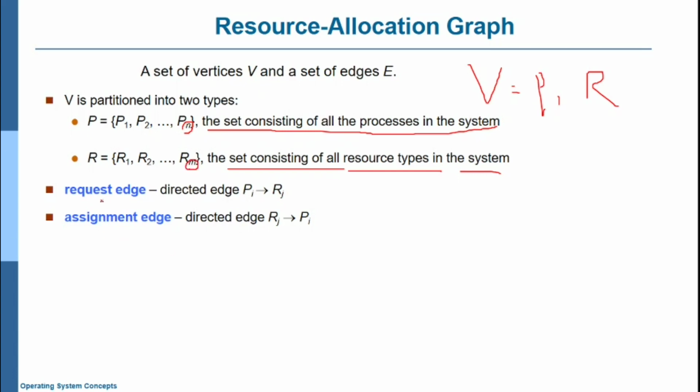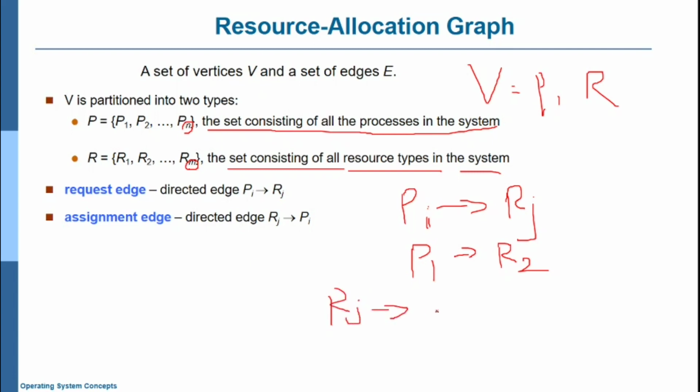Request edge, a directed edge: Pi requesting resource Rj. Something like P1 requesting resource R2. Assignment edge, a directed edge: Rj is already assigned to process Pi.